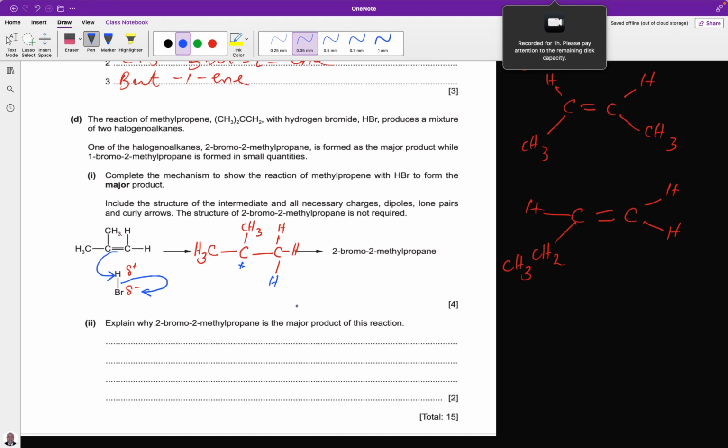Now, at this stage, as the pi electrons are approaching this HBr bond, the bonding electrons are repelled towards bromine. Eventually, it leads to heterolytic fission, with bromine going as a bromide ion with a lone pair of electrons.